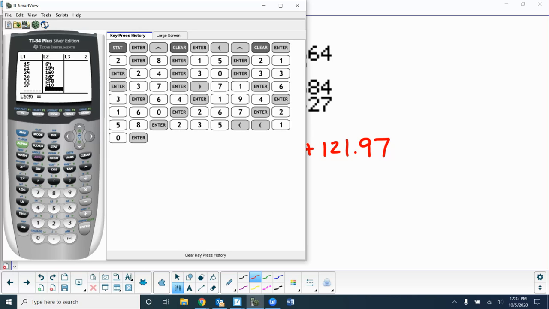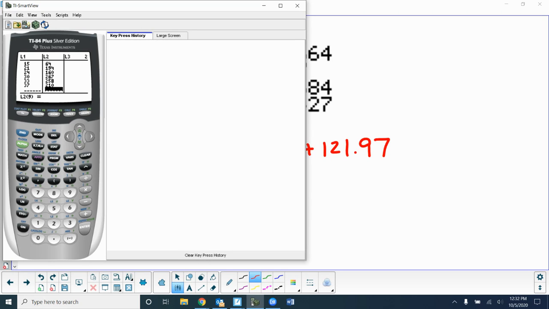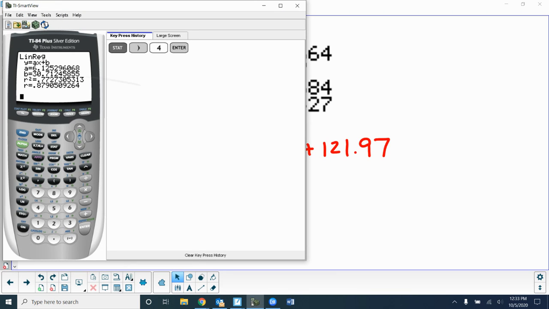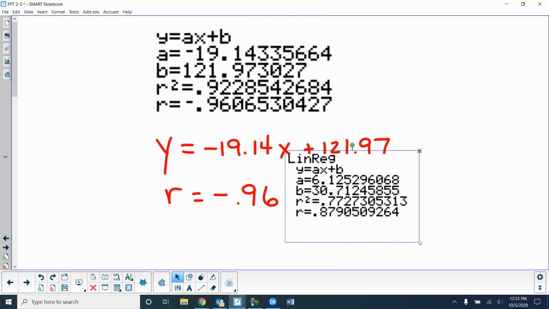All right, so from here, you go to stat, calc, and some of you have to go down to calculate. If I just hit enter, it'll do it for me. So these are the numbers you should get for this one.